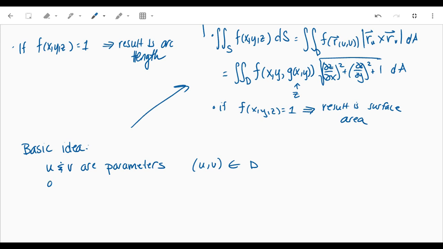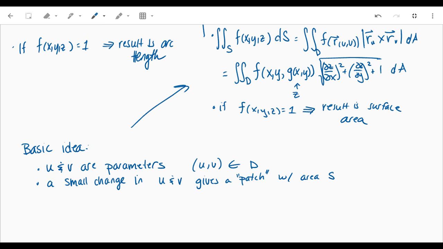A small change in u and v gives a patch with area dS.